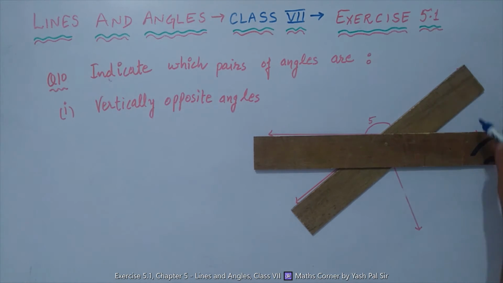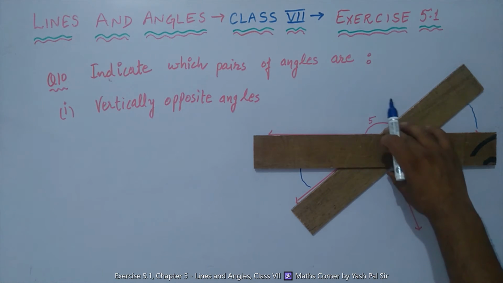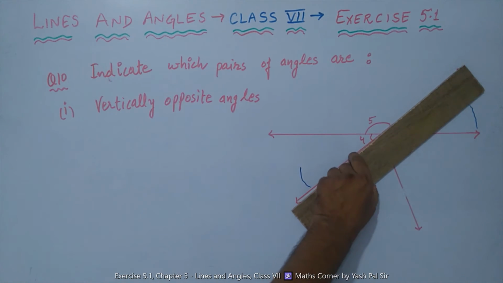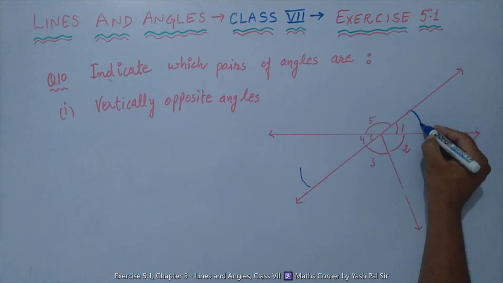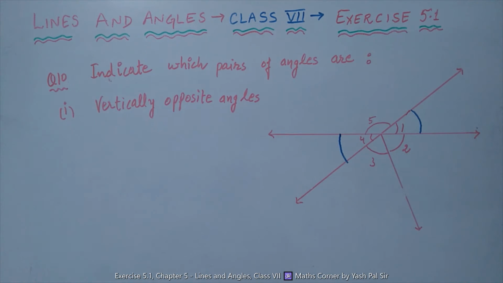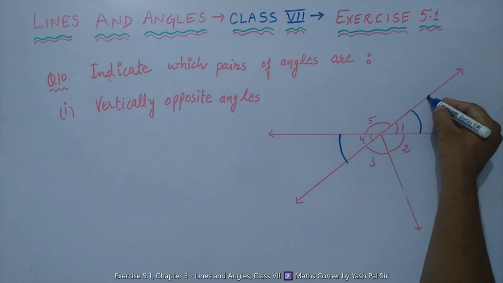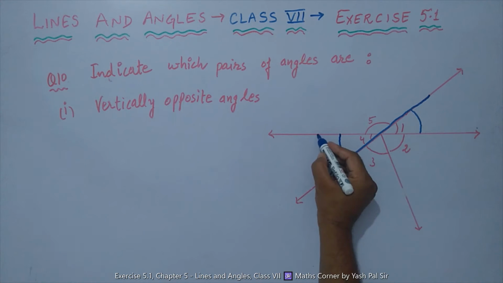So what we say, this angle and this angle are vertically opposite angles because they are making cross.